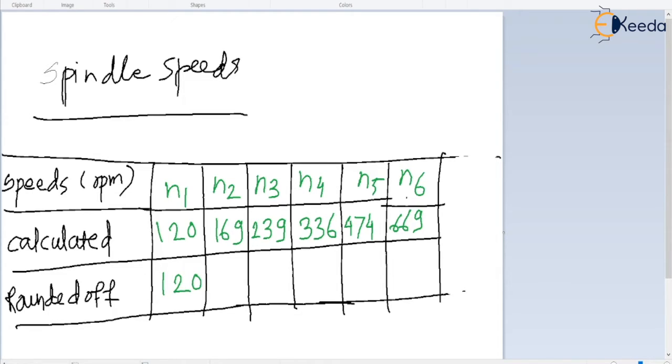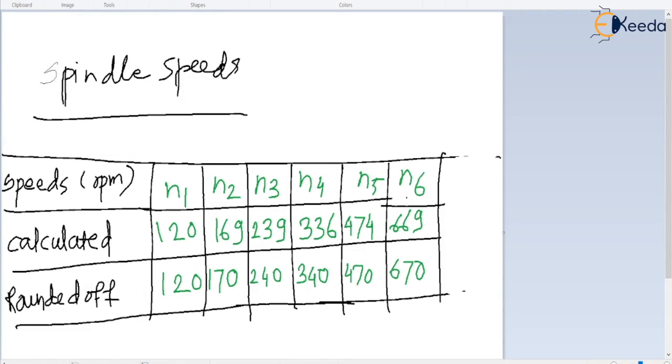For 169, we will keep it 170. For 239 we will make it 240. Then for the next, 336, it will be 340. For 474 we will keep it 470, and for 669 it will be 670.